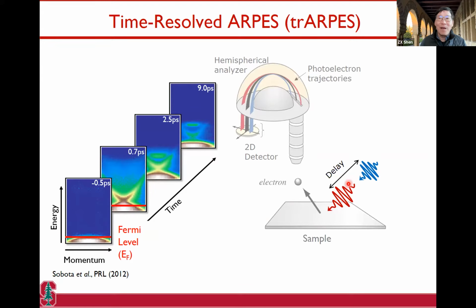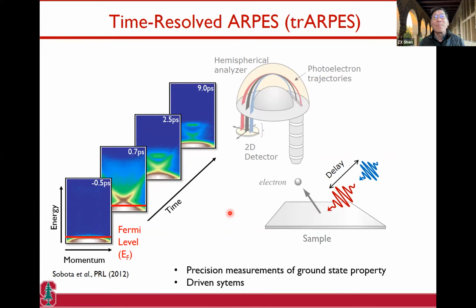But if you do a pump-probe experiment, you see states above the Fermi level because they were pumped up by the first photon. Then you can see the evolution of that, for example, how the Dirac surface state evolves in this particular example. So you can also use that to study driven systems. But what we want to do here today is to use this technique to do a precision measurement of a ground state property.